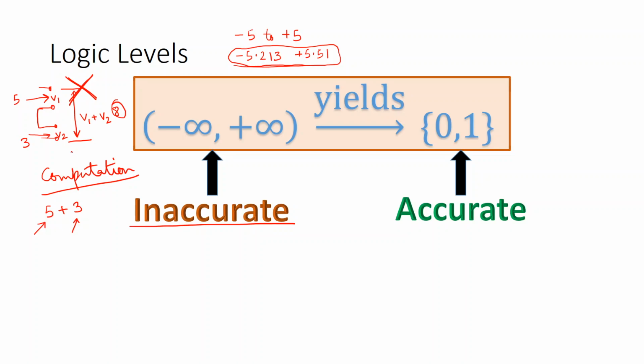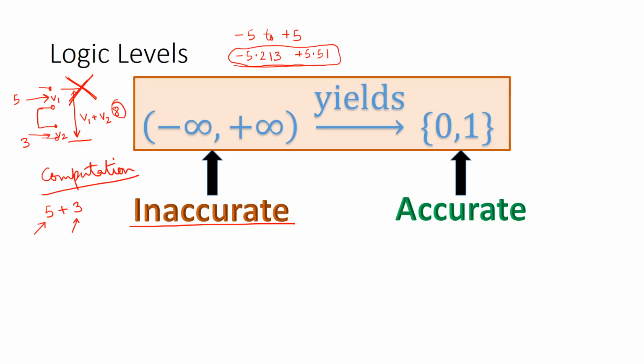The analog arithmetic operations, which you may be studying in another course this semester using op-amp circuits, of course they are adding voltages and subtracting voltages, but since they are analog in nature, we cannot rely on the accuracy of the result.